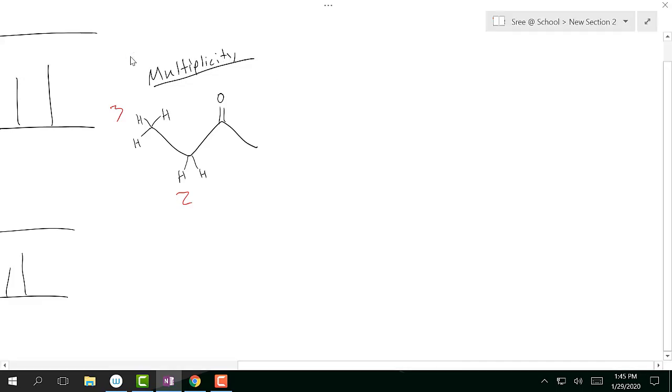So the formula is n plus 1, where n is your neighboring hydrogens. So in this case, it's 3 plus 1 equals 4. A 4 multiplicity is called a quartet. And this multiplicity is how many peaks you'll get. So on your graph for this set of hydrogens, it should look like this.